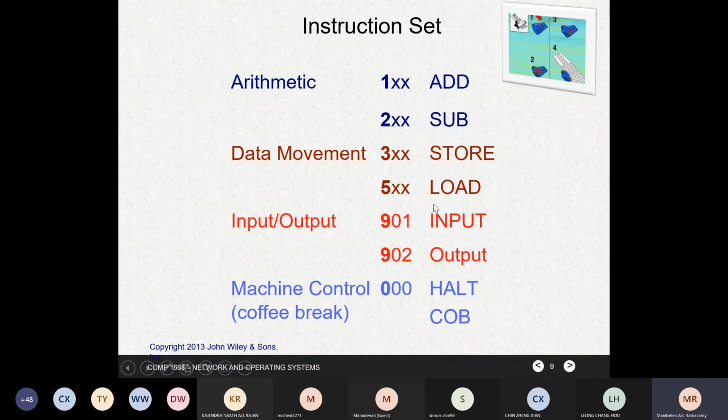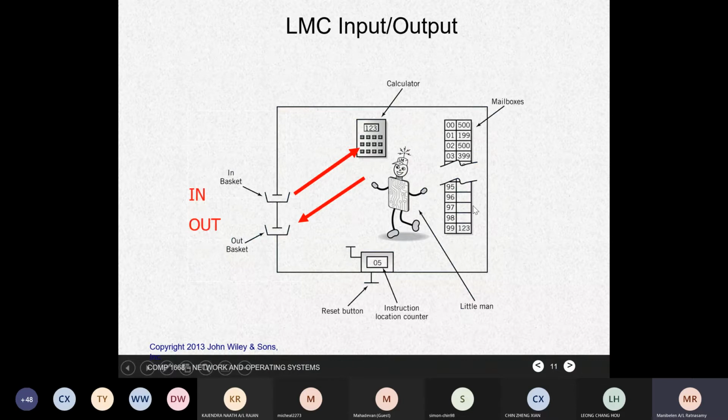That's how we can understand the assembly language. So this is input and output, 901, 902. Now you can translate this diagram into 901, 902. 901 is input, 902 is output. Okay, let me move on.